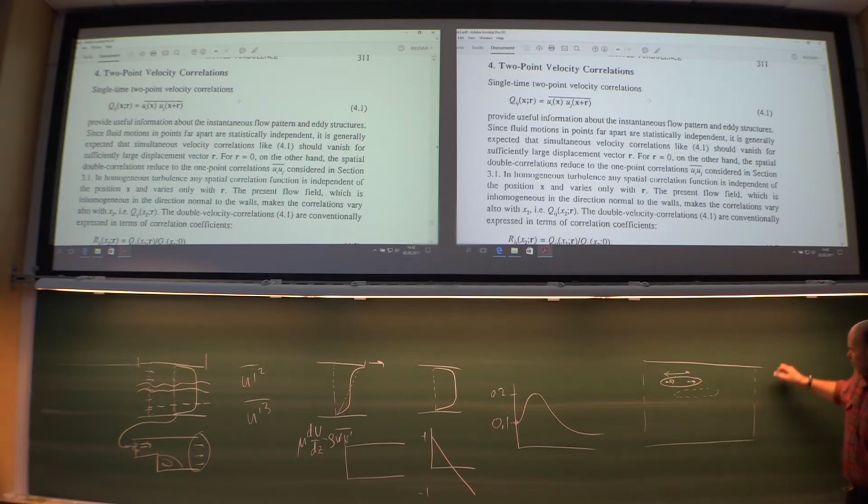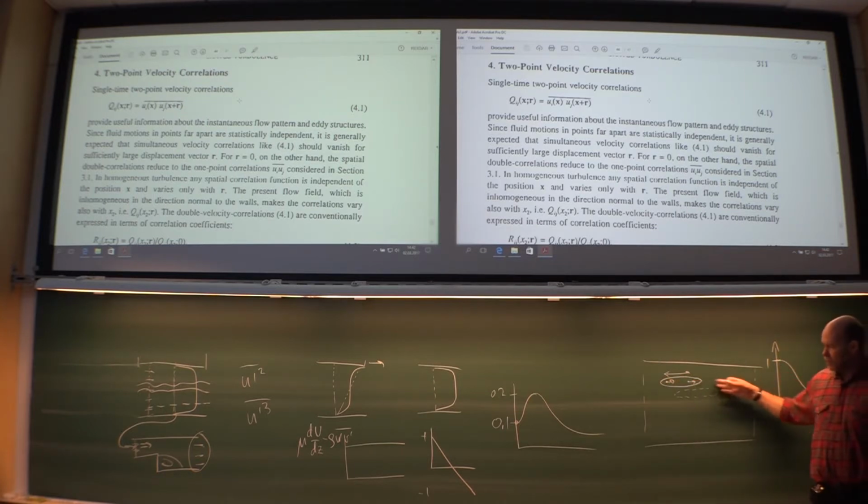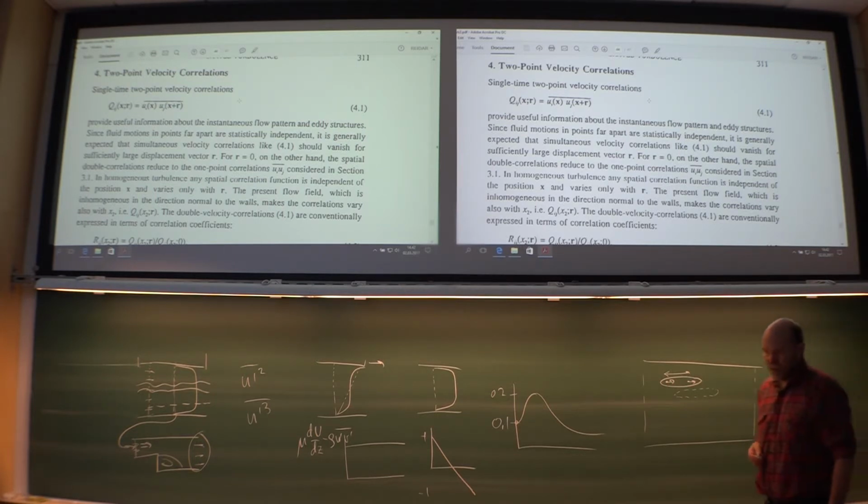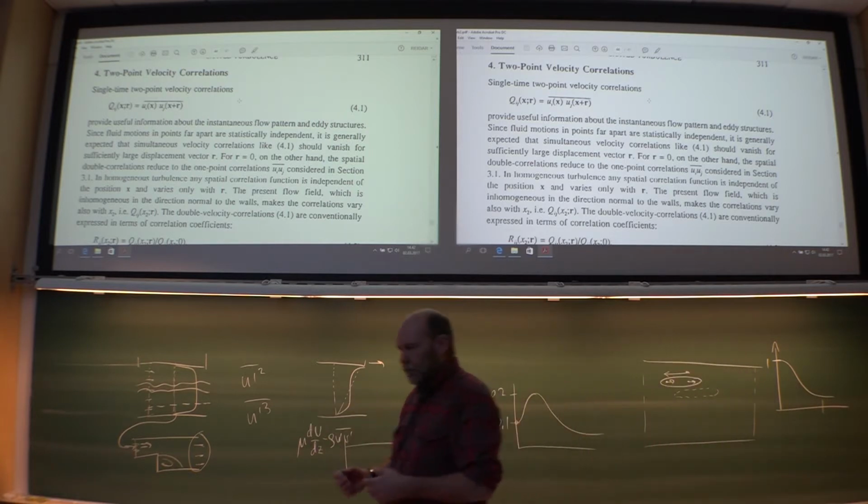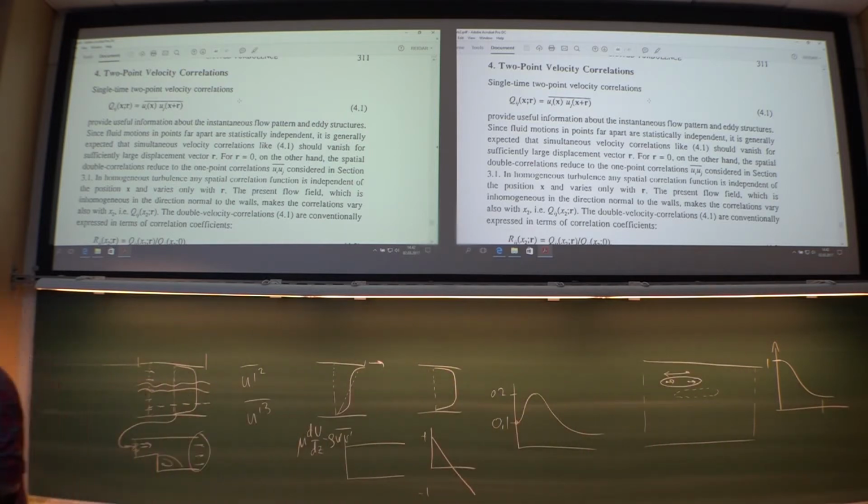So the correlation, you non-dimensionalize it, should start with 1, and then it should drop quite rapidly when you start going here in the streamwise direction. But you have to go pretty far before it goes all the way down to 0, say 1,000 plus units, maybe even longer.